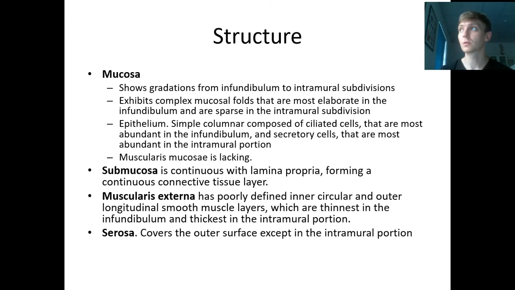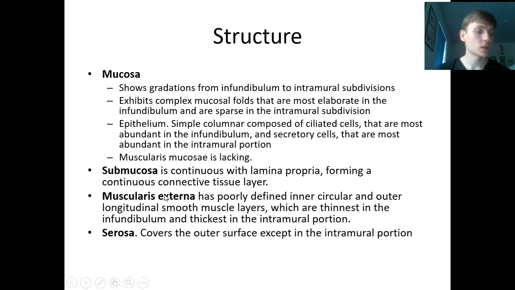So it produces a nutritional component for the embryo, and with the secretion of these components, development of the embryo is possible. The muscularis mucosa is lacking here, because there is no need to constrict, so just cilia are enough to move this embryo.